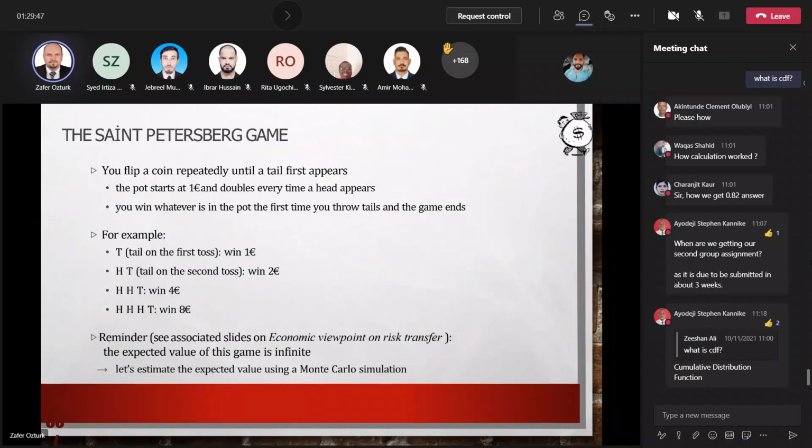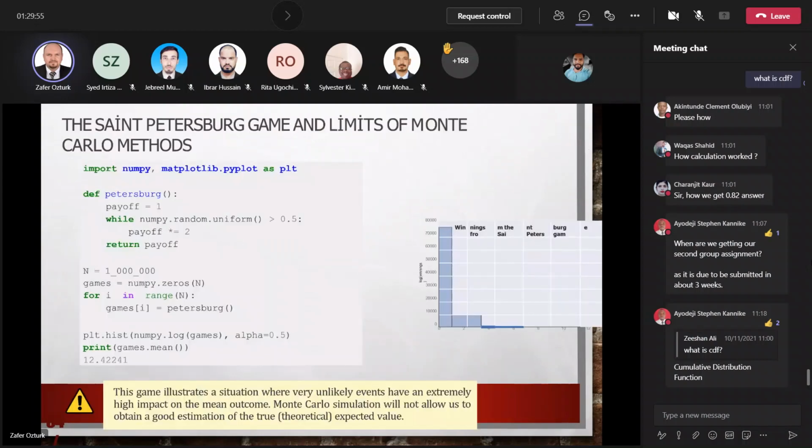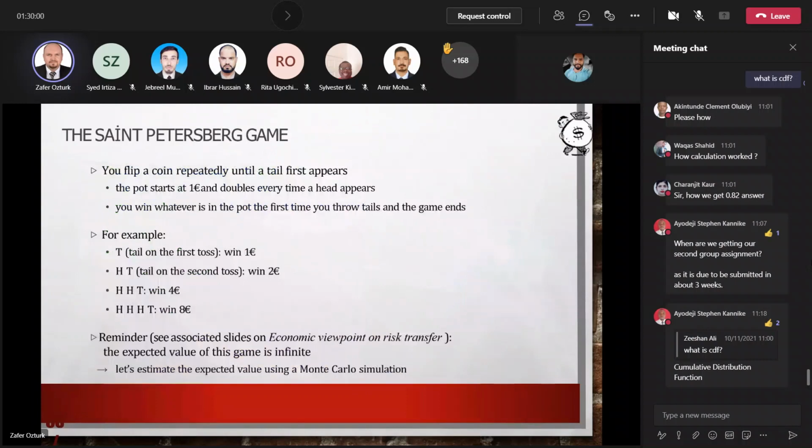And there is an example of the St. Petersburg game, which shows us the limits of Monte Carlo simulation. Therefore, it might be worth visiting. So in this game, you flip a coin repeatedly until a tail first appears. We have defined a condition now.